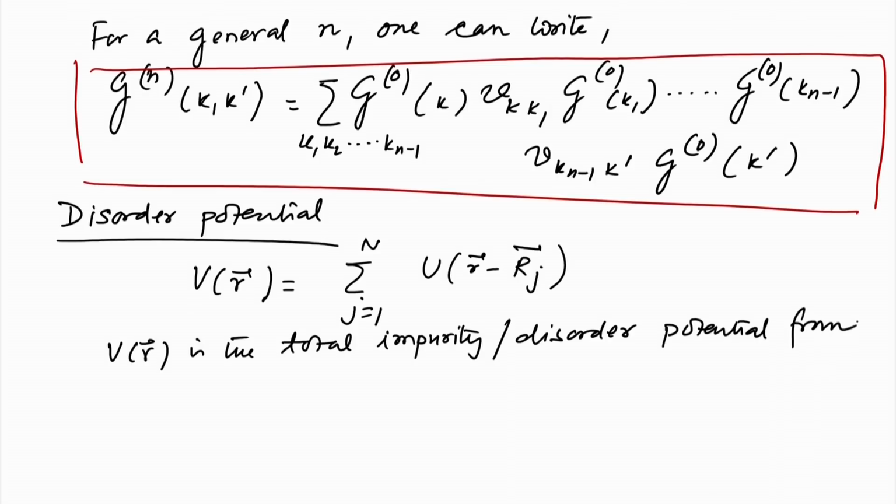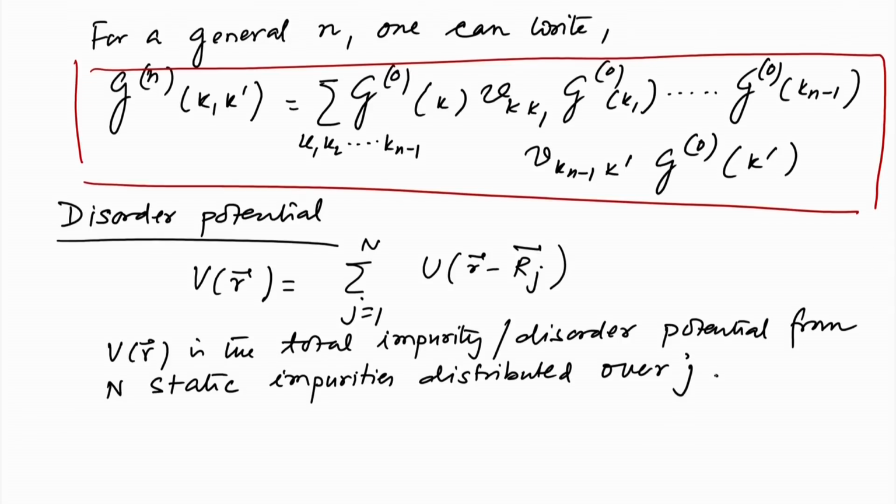From n static impurities distributed over j. So, clearly V is not diagonal in the k basis.